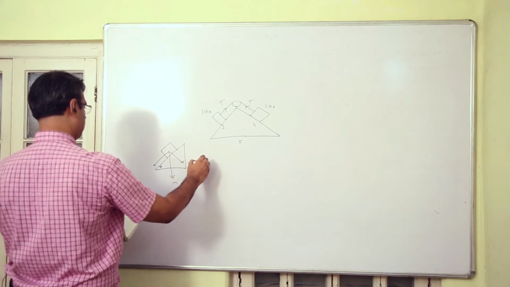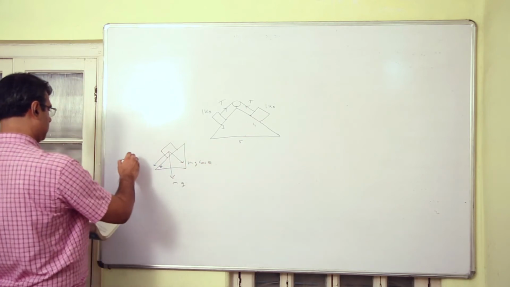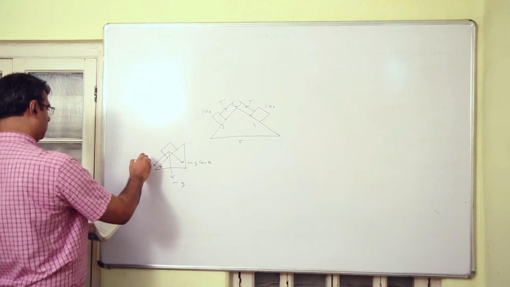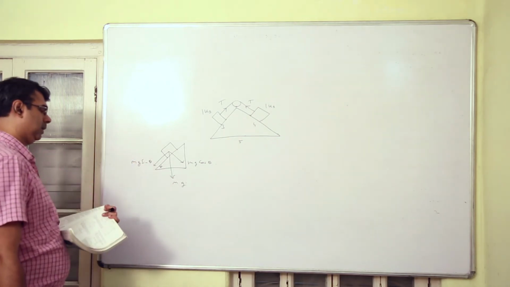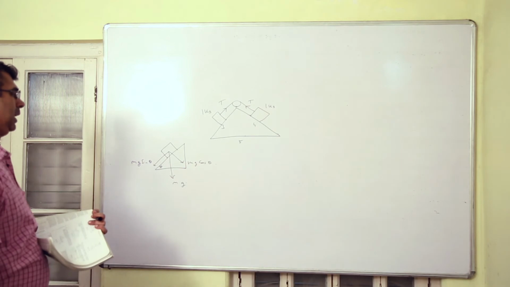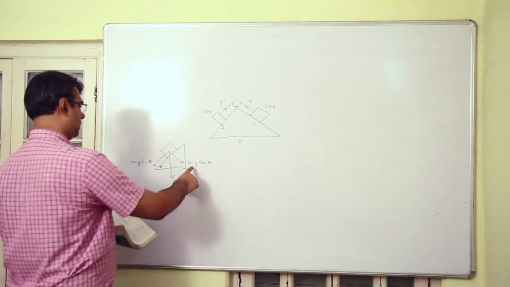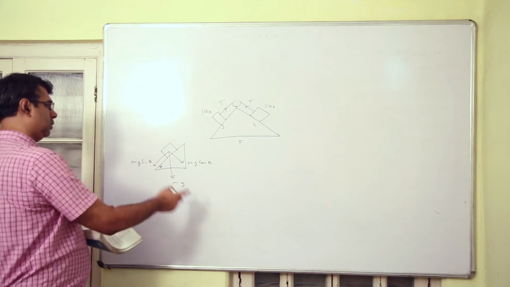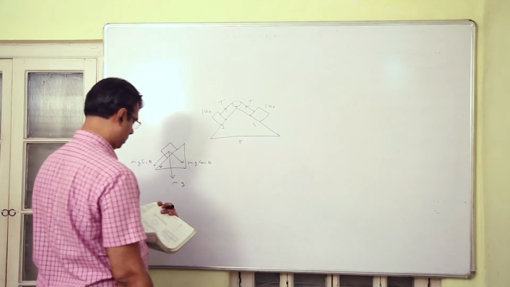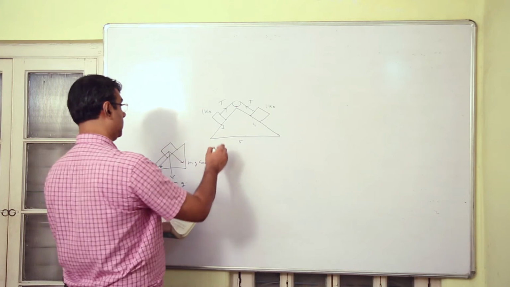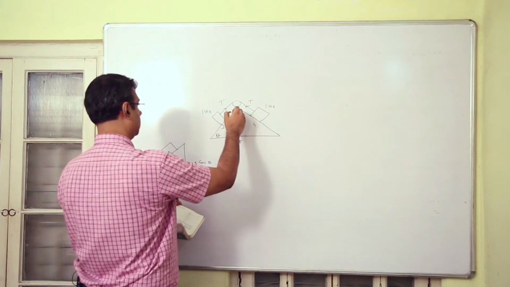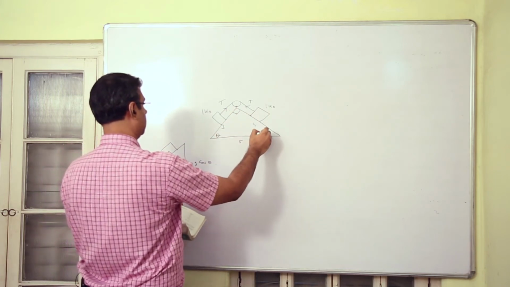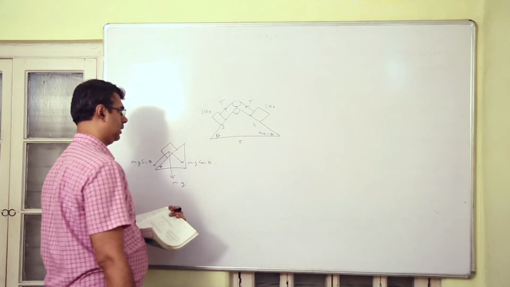One will be normal to the plane, that is mg cos theta, and the other one will be along the plane, that is mg sin theta. If there is no friction, then this component becomes redundant, but this component is the one we will use for calculations. So in this particular question, suppose this is theta. Now obviously this is a right angle, so this will become 90 minus theta.